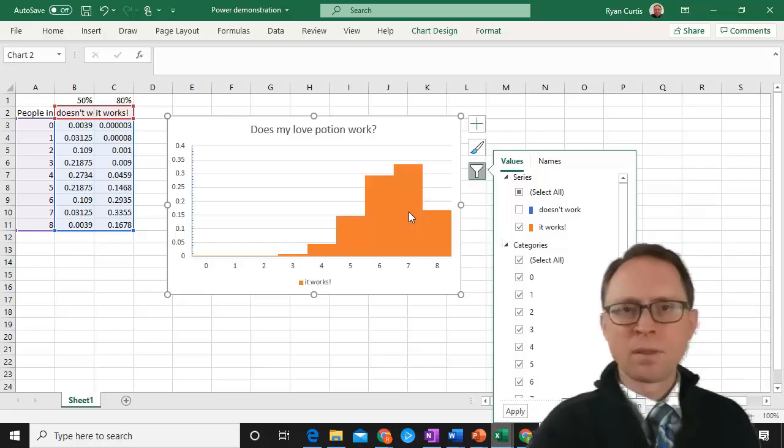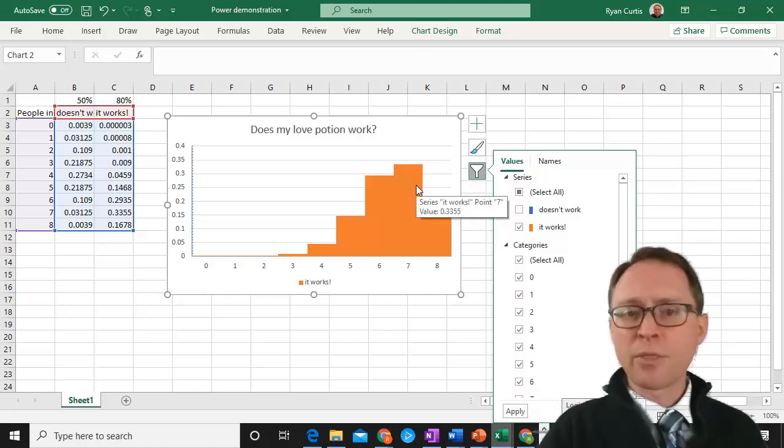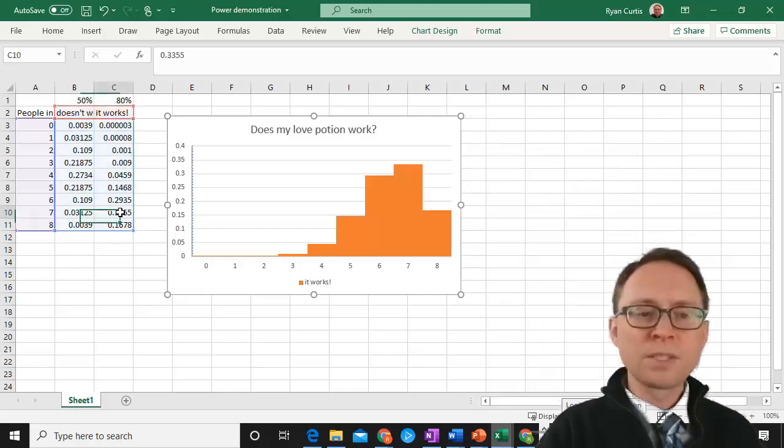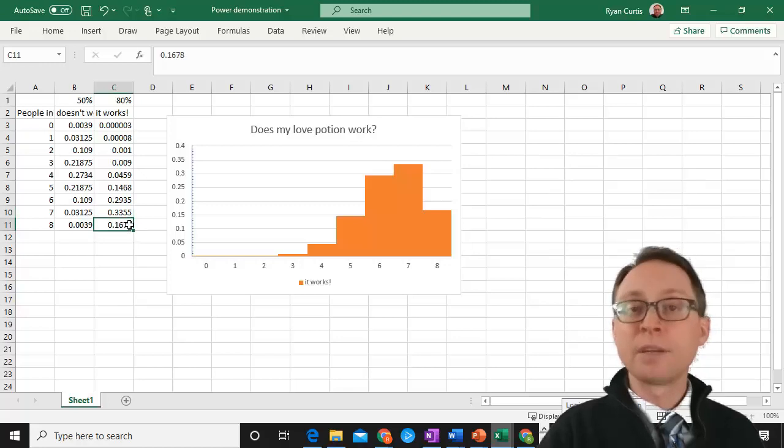If the love potion works, the probability of 7 people falling in love is about 33.5%, 0.3355. If 8 people fall in love, the probability of that happening is 0.1678. It's these probabilities right here, for 7 and 8. When we add those two probabilities together, that's going to be our power.